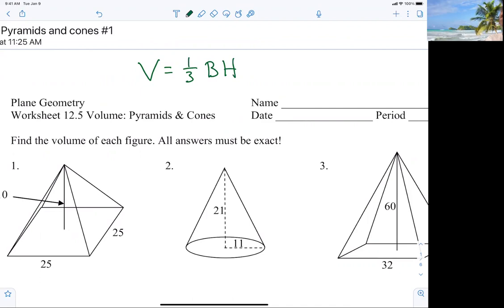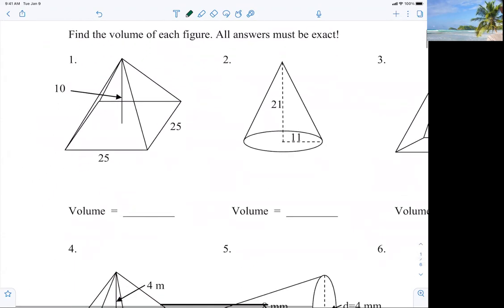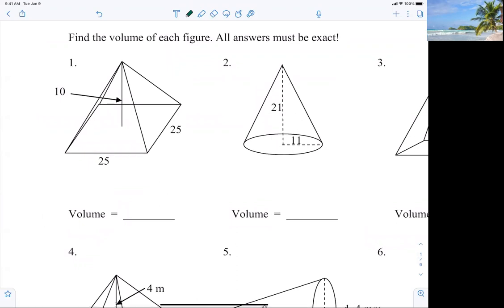Now the base can have many shapes. All right, so let's start out with number 1. What kind of base is this? A square. All right. So I want everybody to write down V equals 1/3 BH.